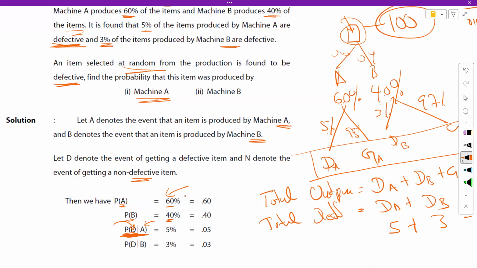That chance is 0.05, which we have placed here. And the probability of a defective item produced by B: first we have to take products produced by machine B, and among them we find the defective item. The probability of that is 0.03. So we find it this way.